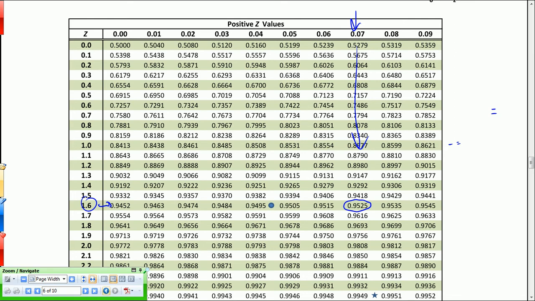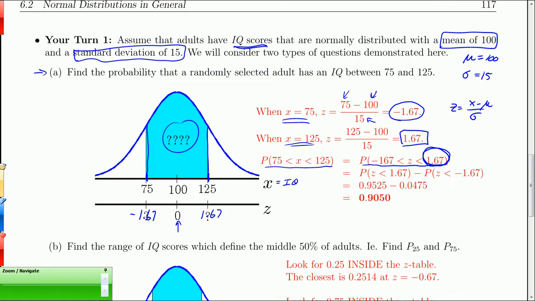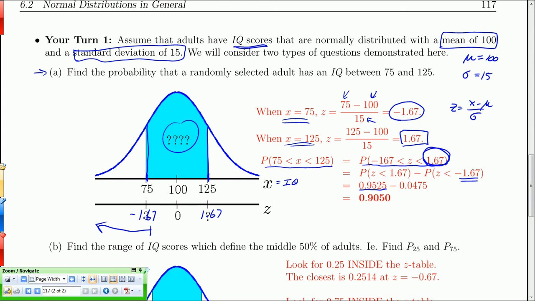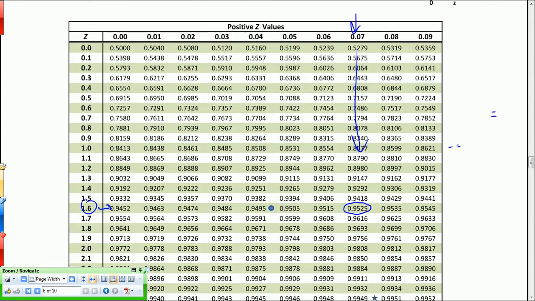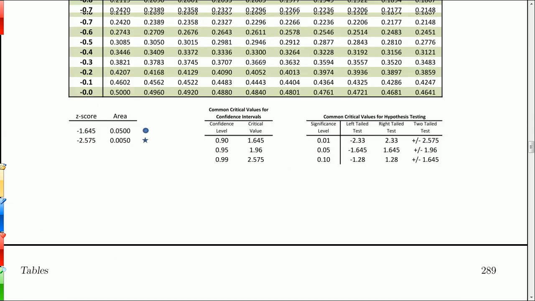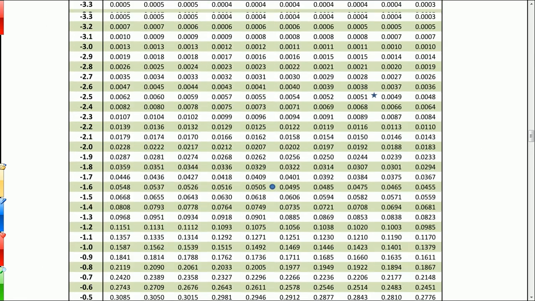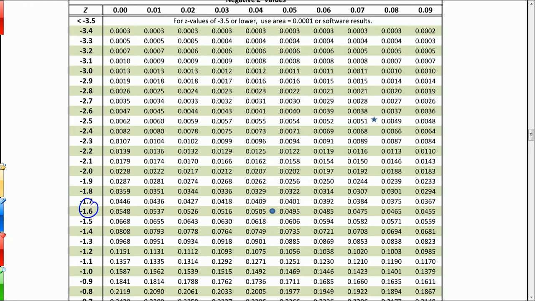So that 0.9525 right here is the probability that z is to the left of the bigger number. Now I have to subtract the probability that z is to the left of the smaller number. So when I look up negative 1.67, I have to go to my negative z table. Scrolling, don't get dizzy. I'm looking for negative 1.67.